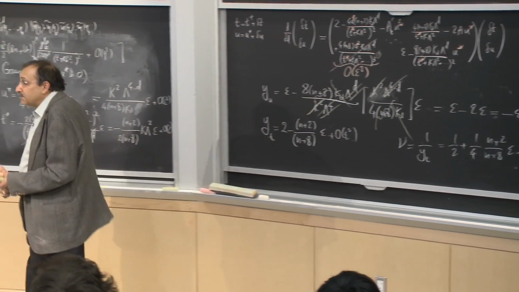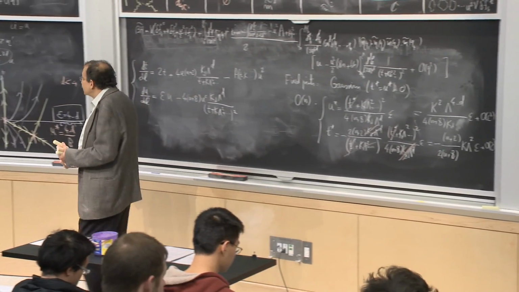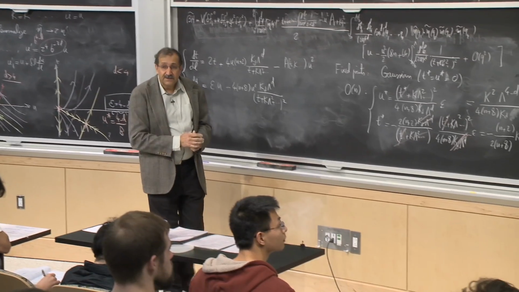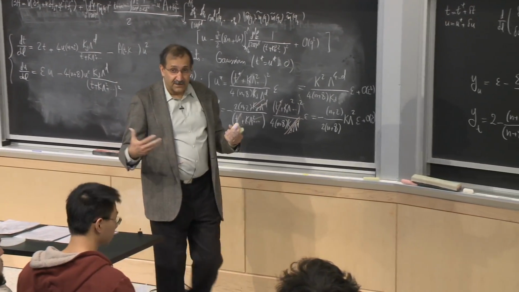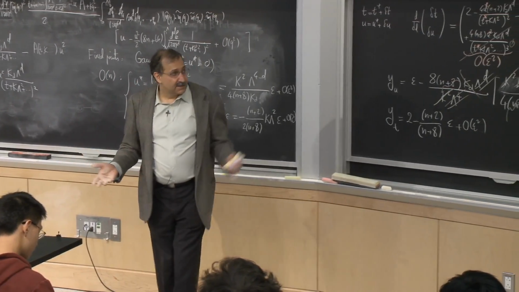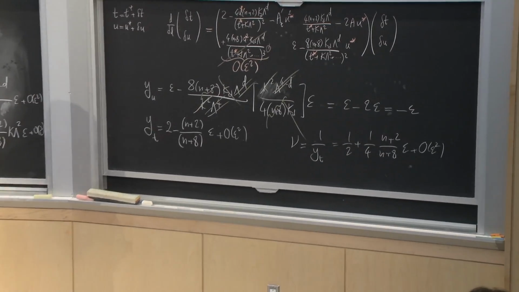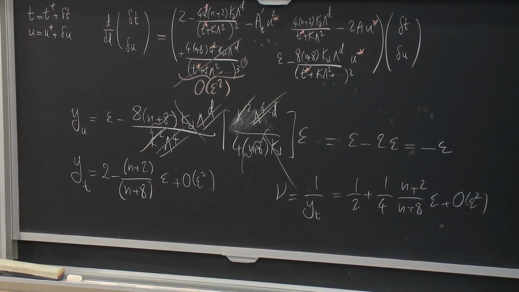They explicitly depend on the number of components of your order parameter n. So we have managed, at least in some perturbative sense, to demonstrate that there exists a kind of scale invariance that characterizes this O(n) universality class, and we can calculate the exponents for that at least perturbatively.